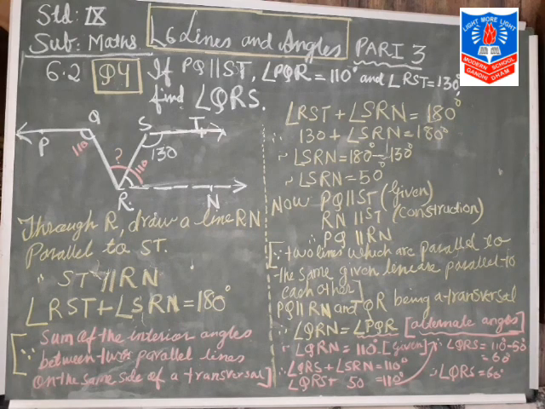Clear, children? Now with the help of that, you can prove that two lines which are parallel to the same given line are parallel to each other, and with the help of alternate angles, 110 minus 50, you will get QRS equal to 60.